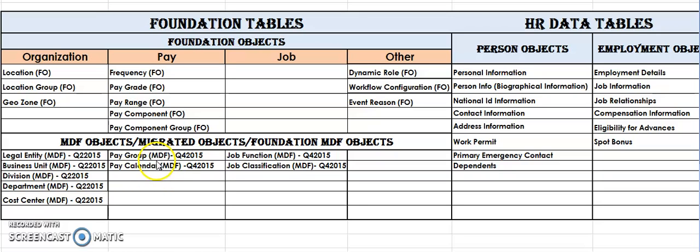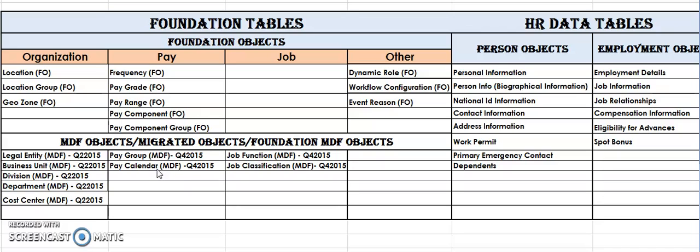The EC payroll consultant will have more to do with pay group and pay calendar. The pay calendar is nothing but a start date, end date, and a payment date that we have to provide.